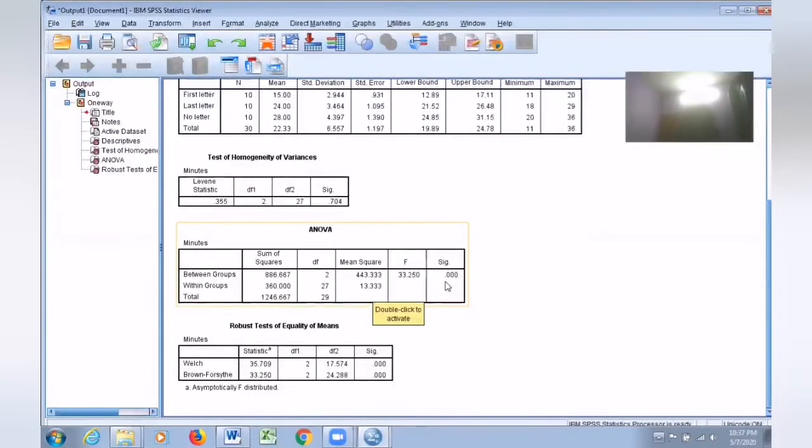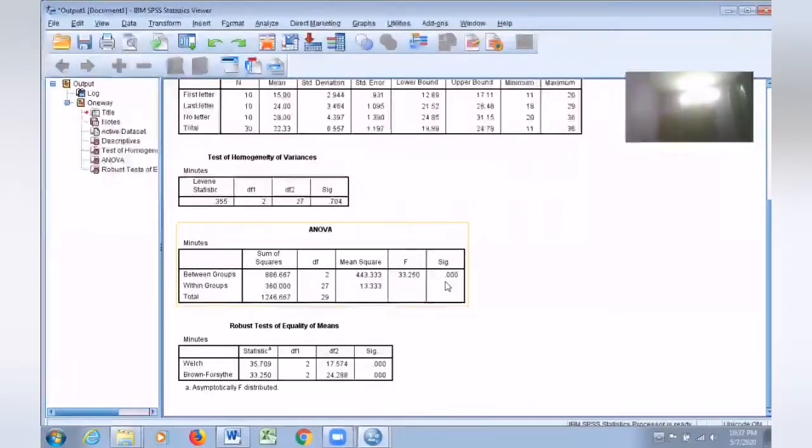It means that we can reject the null hypothesis and accept the alternative hypothesis. That is, there is a significant difference in the minutes taken by the respondents of the 3 groups: those who got the first letter as a hint, those who got the last letter as a hint, and those who did not get any letter as a hint.